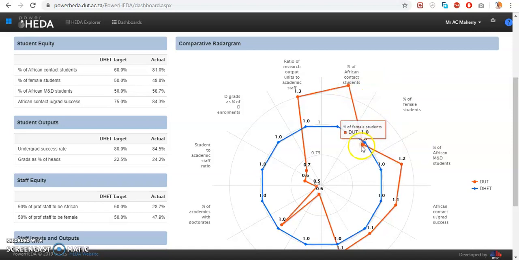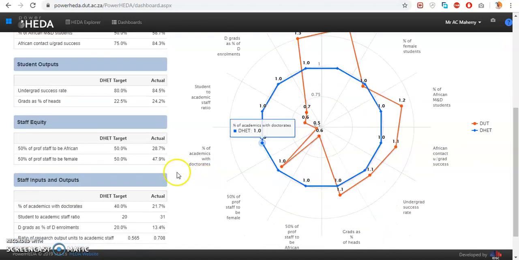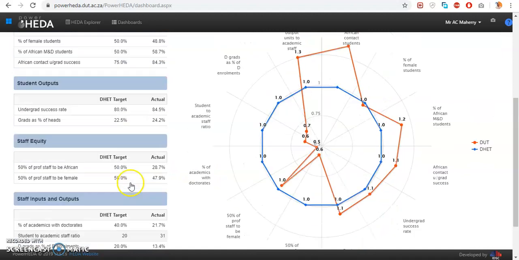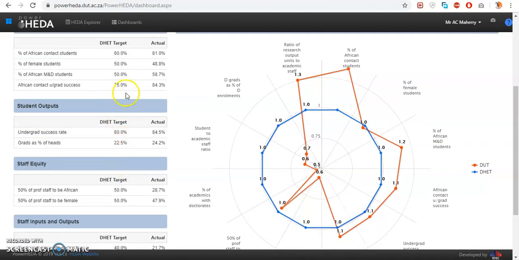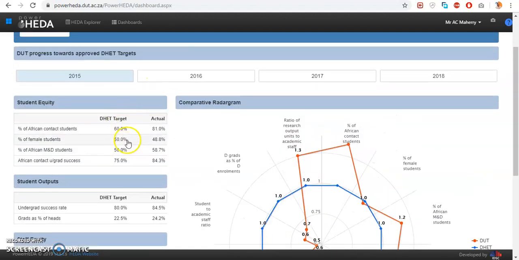And over here, in terms of percentage of female students, DUT is close to the target. Here, if we look at student to academic staff ratio, you can see that DUT far underperforms with regards to the DHET target. In order to see what these actual values are over here, you can have a look.